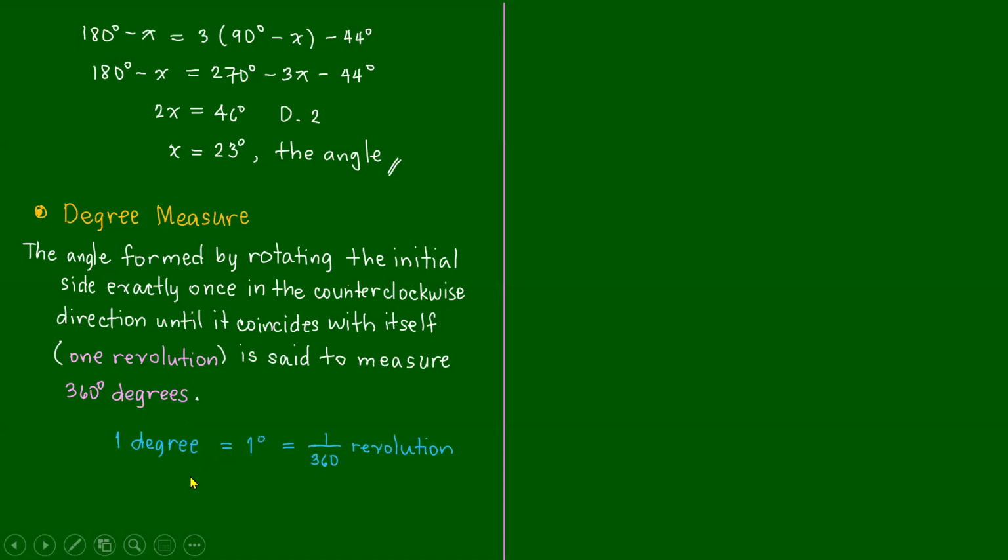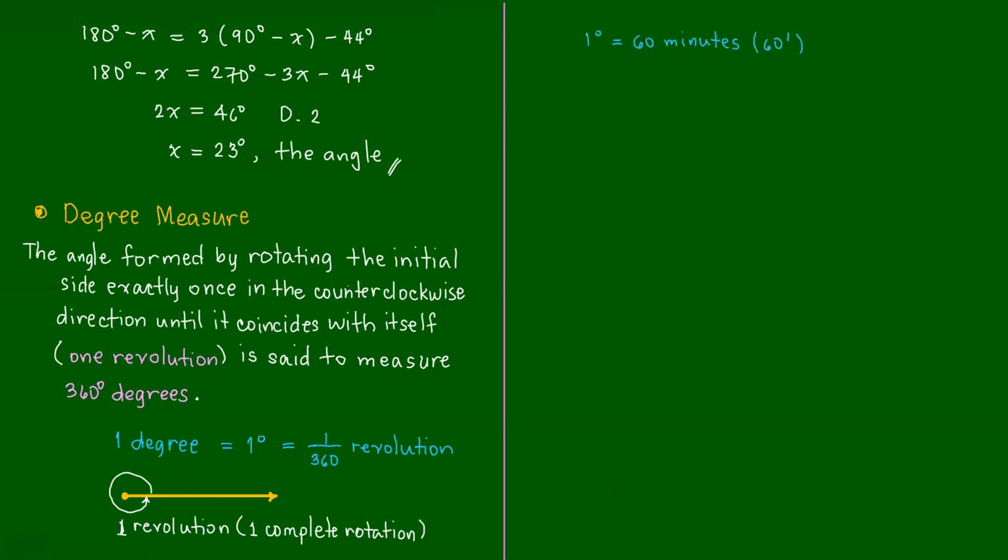To illustrate, we have this angle. We rotate it 1 complete rotation. So that is 1 revolution, and that is equal to 360 degrees. And 1 over 360th part of a revolution is 1 degree. So that is how we define a degree.